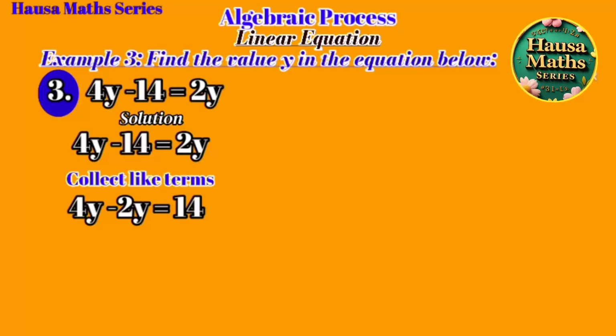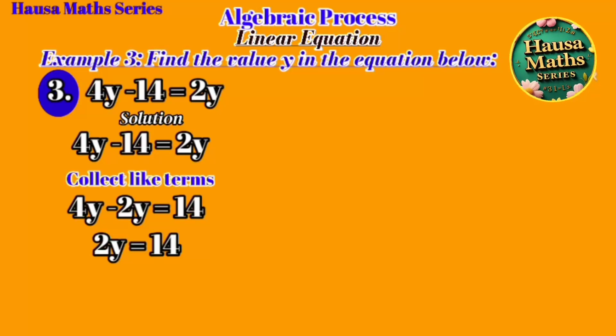If you have like terms, that is how you are going to use them. You cannot add a constant with something unless they are both constants. So 4y minus 2y is 2y. Then 2y is equal to 14.